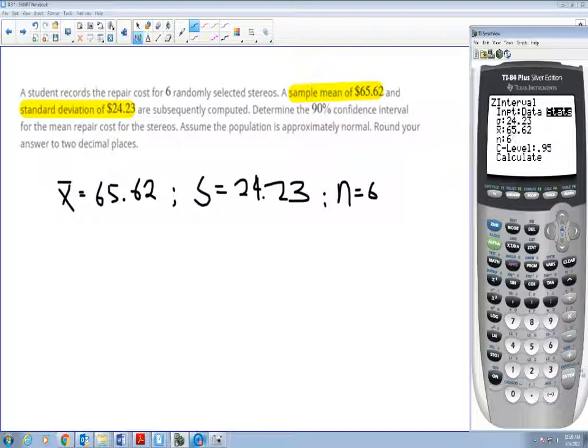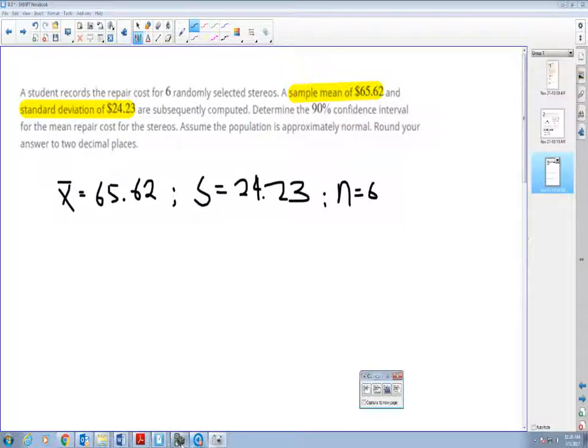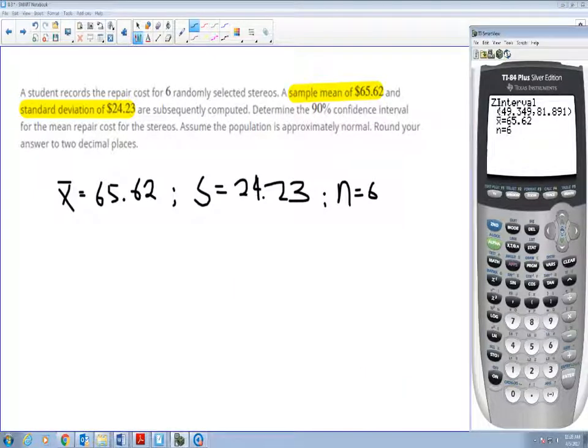Sample size is 6, enter. 0.9 is my confidence level. If I choose the wrong interval, the z interval, it will give this answer.